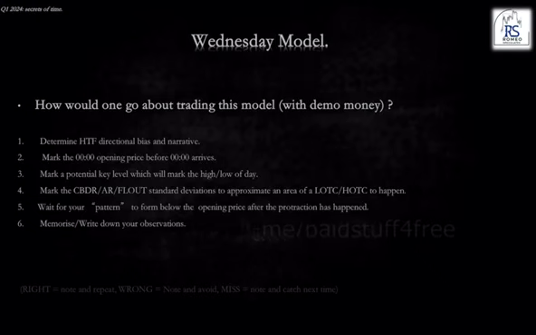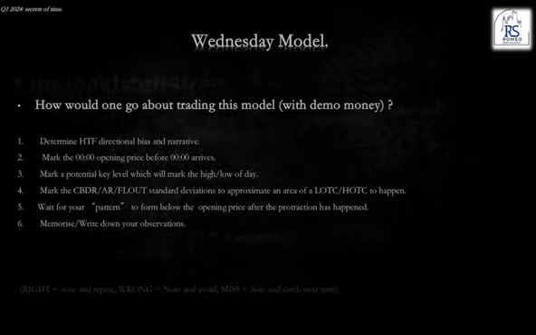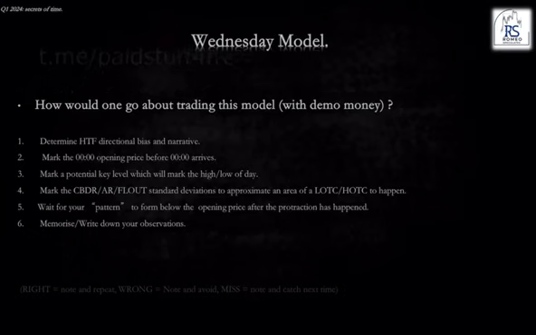Number 2, mark out the midnight opening price before opening time, before midnight arrives. Mark a potential key level, which will mark the high or low of the candle you are willing to trade. Mark a liquidity pool. More on this in the upcoming chapters.